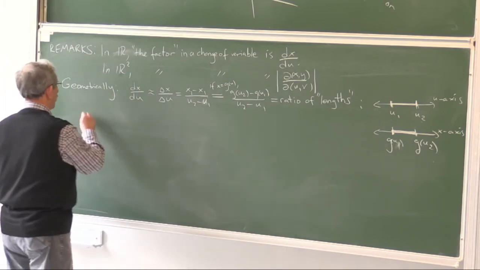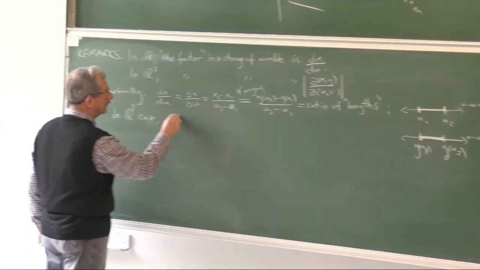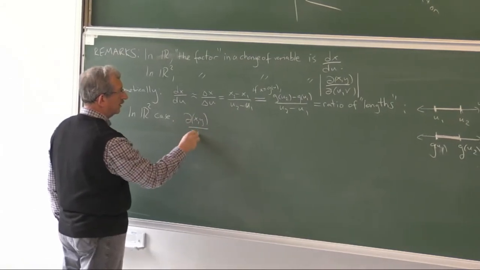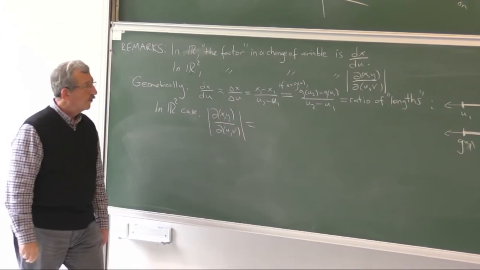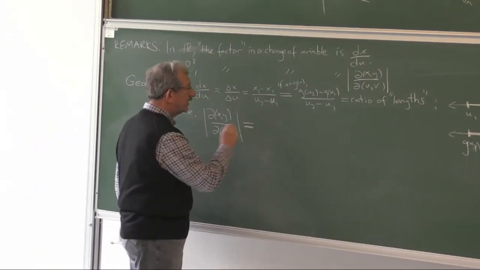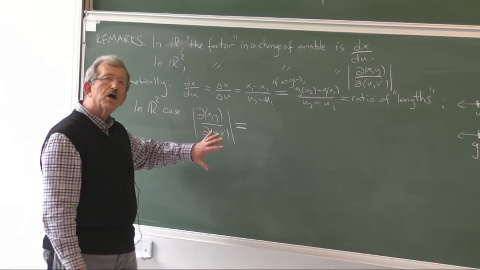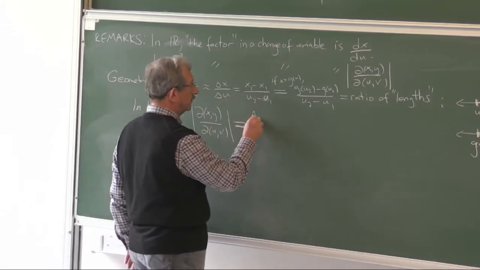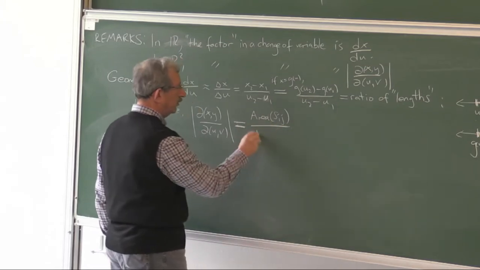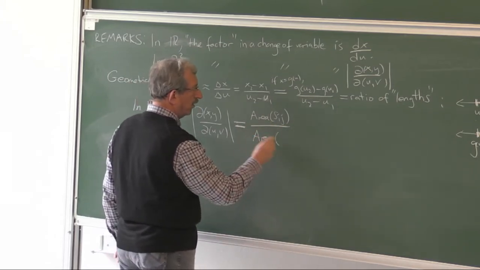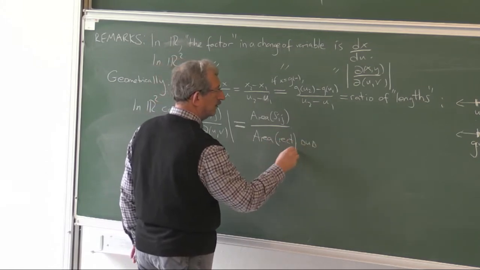Now, in the R2 case, what do we get? ∂(x,y)/∂(u,v). Well, this was precisely, when we look at what we did over there, the ratio of areas, to the area of the rectangle, delta u, delta v.